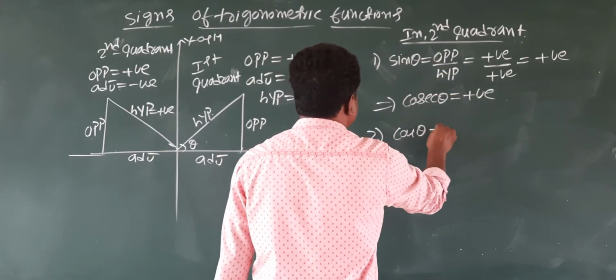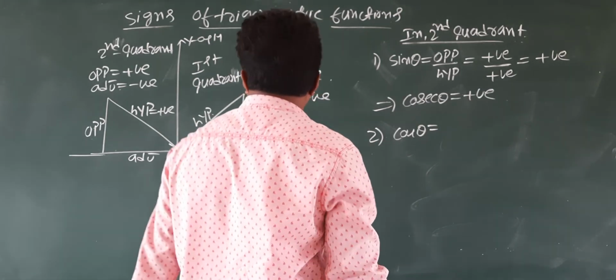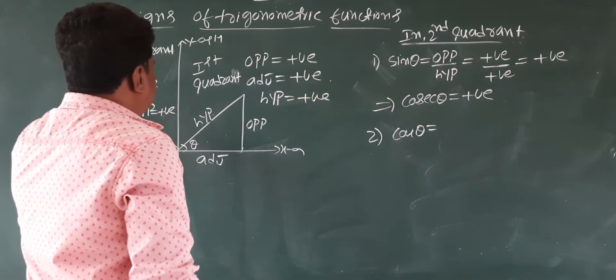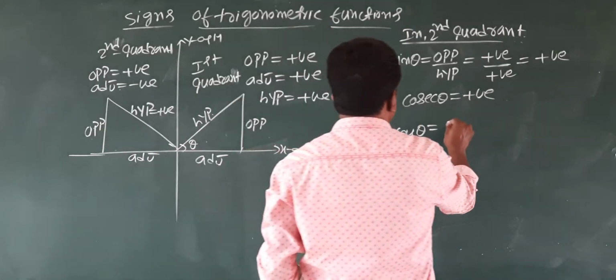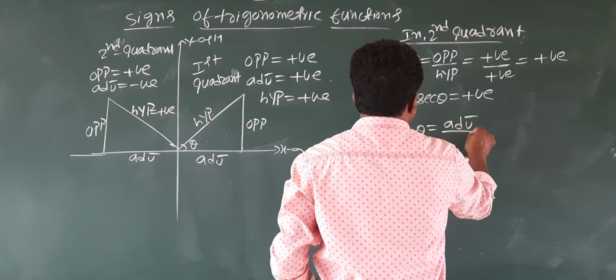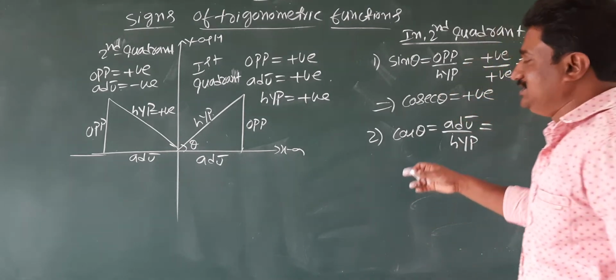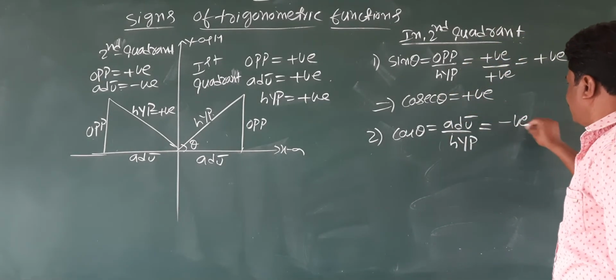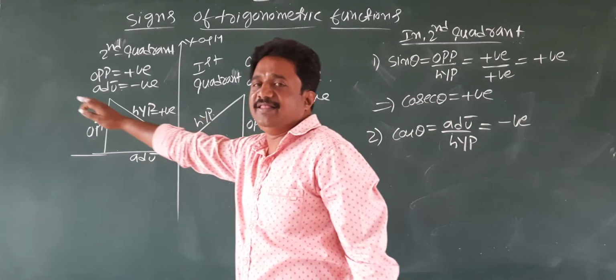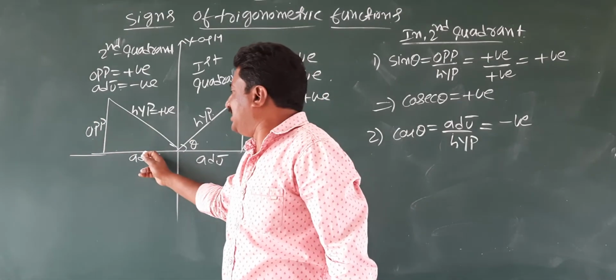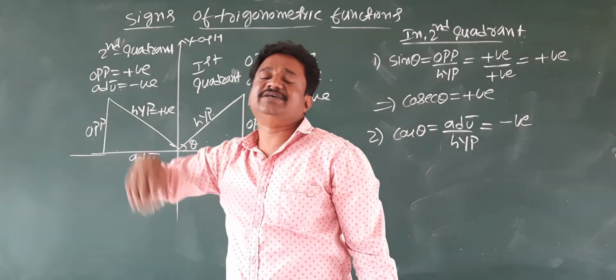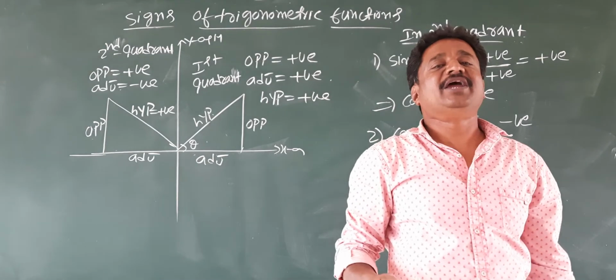Now go for the second one. Cos theta. What is cos theta in the second quadrant? Adjacent by hypotenuse. In the second quadrant, adjacent is negative because it is a negative length. The adjacent side is along the negative x-axis, so it should be a negative value.